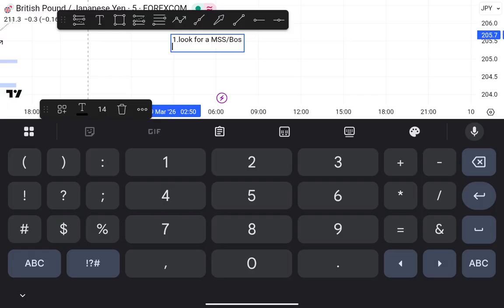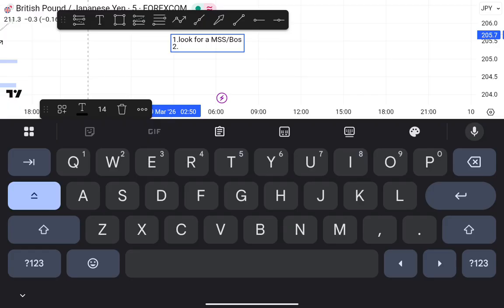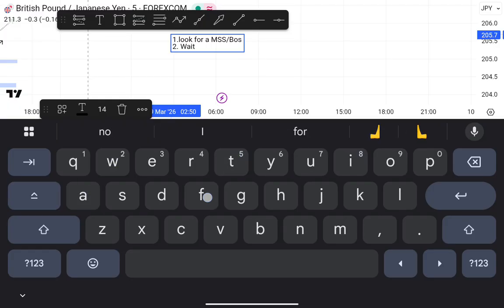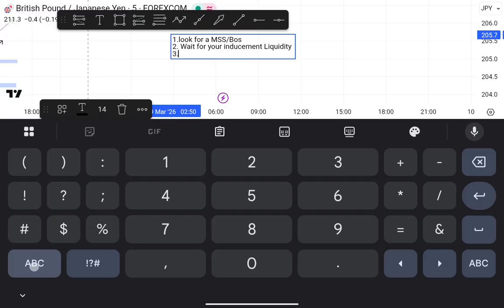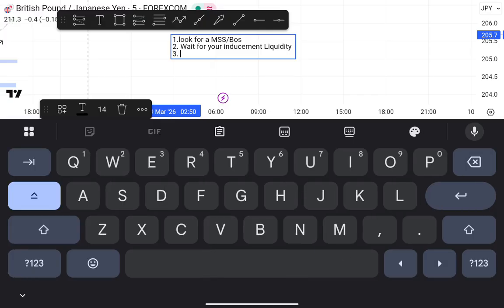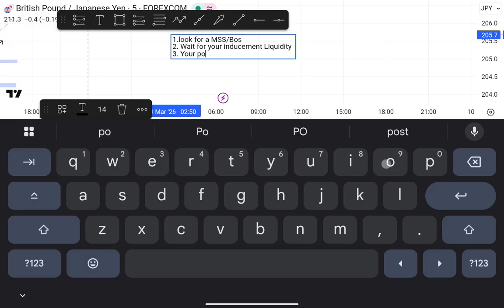Whichever one you see in the market first. Second is inducement liquidity. Inducement liquidity is your first pullback after a break of structure or a market structure shift. The third one is your POI, your point of interest.